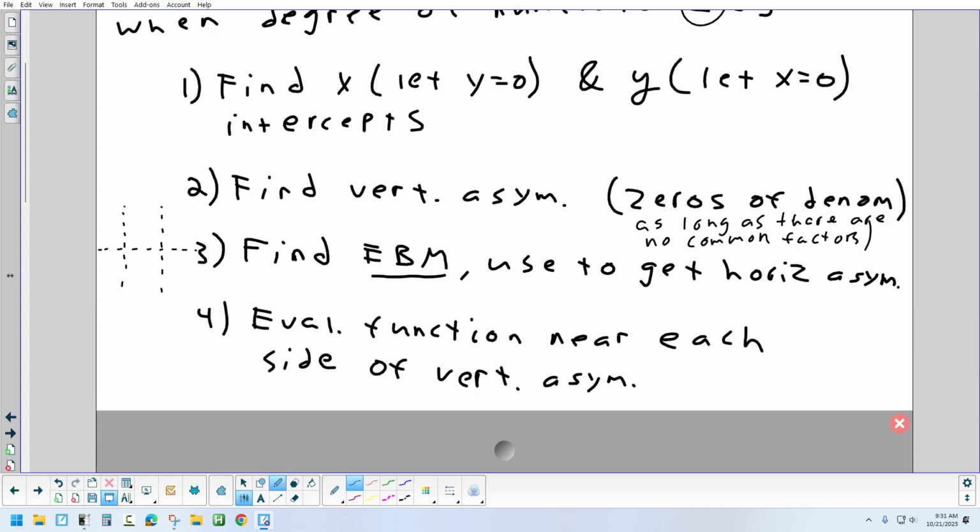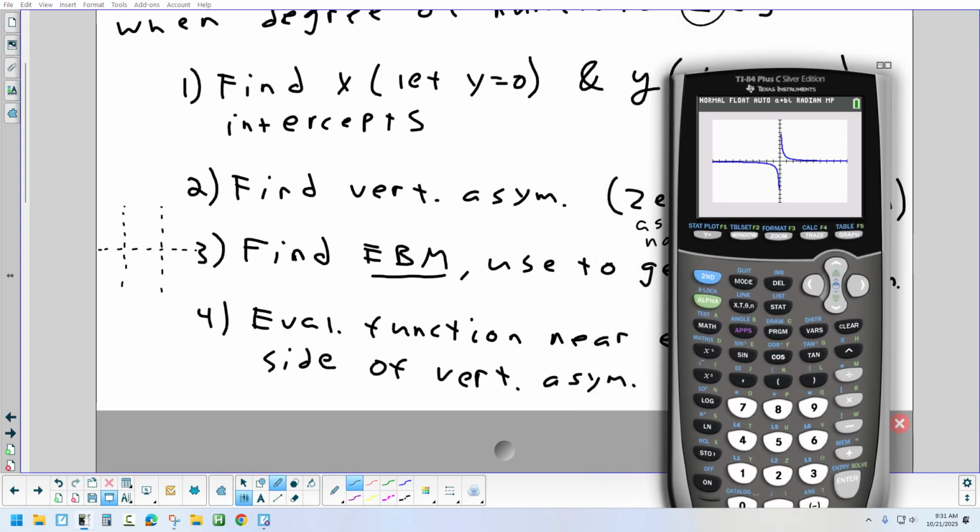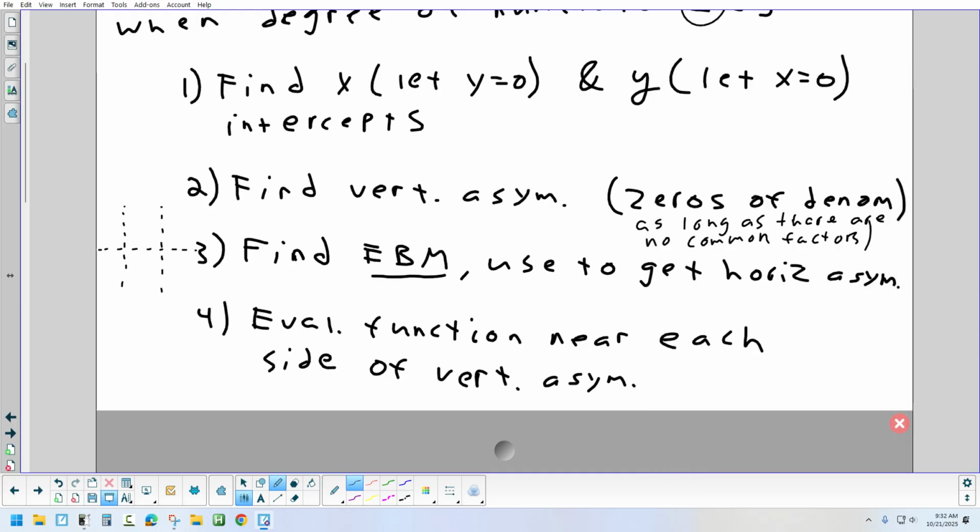Okay. So we learned yesterday, as you get close to a vertical asymptote, one of 2 things always happens. The vertical asymptote in this problem is at 0. As you approach 0, you either start heading up forever or down forever. We have to see which one it is. So we're going to check what's happening very close to the asymptote on the left side and very close to the asymptote on the right side.